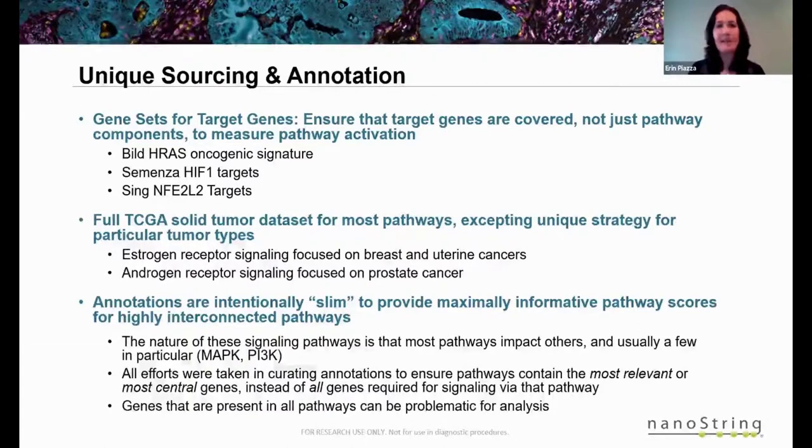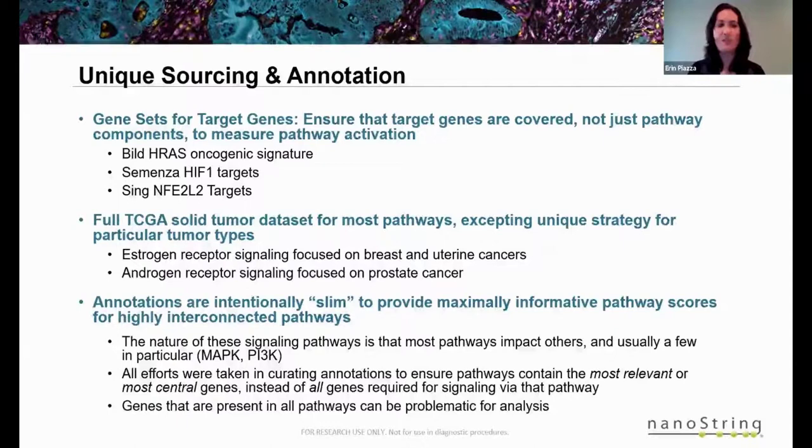And so to try to get at that, we included for consideration a number of signatures. These signatures are published in the literature. A few of them are listed below. And these signatures have been, again, published to measure pathway activity specifically, and thus were considered for inclusion in the panel.